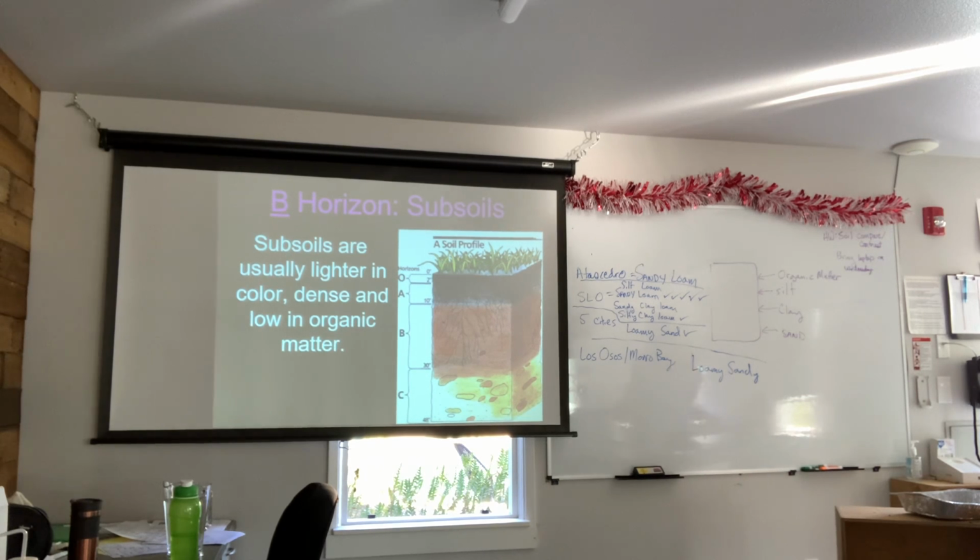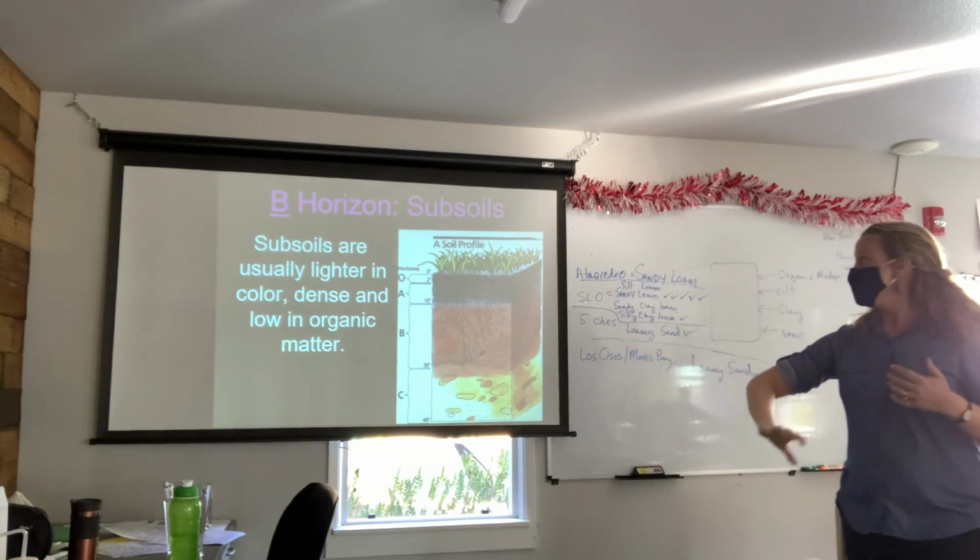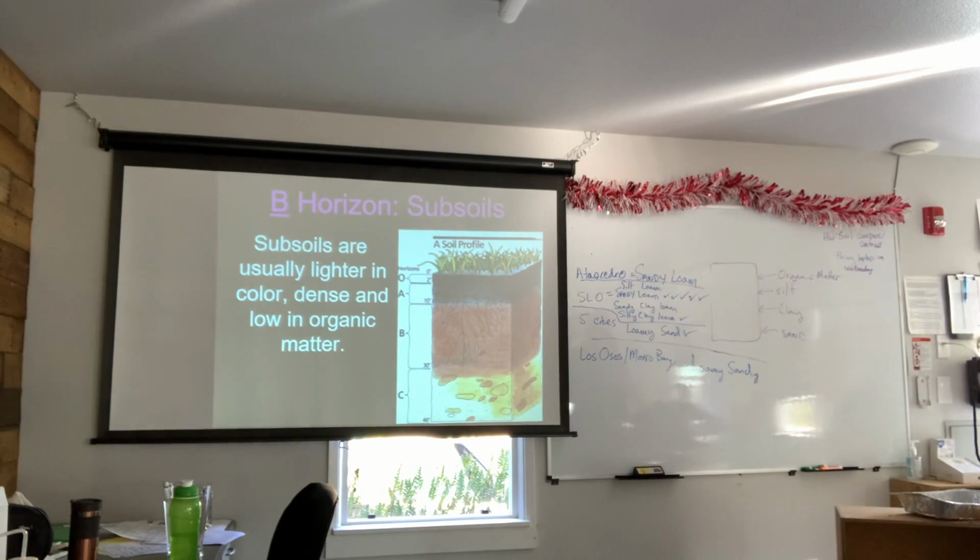Good. Yes. All right. So that's because you've gotten down to the B horizon. There is really a distinct change when you go from the topsoil down to that craggier, rougher soil that isn't as productive.